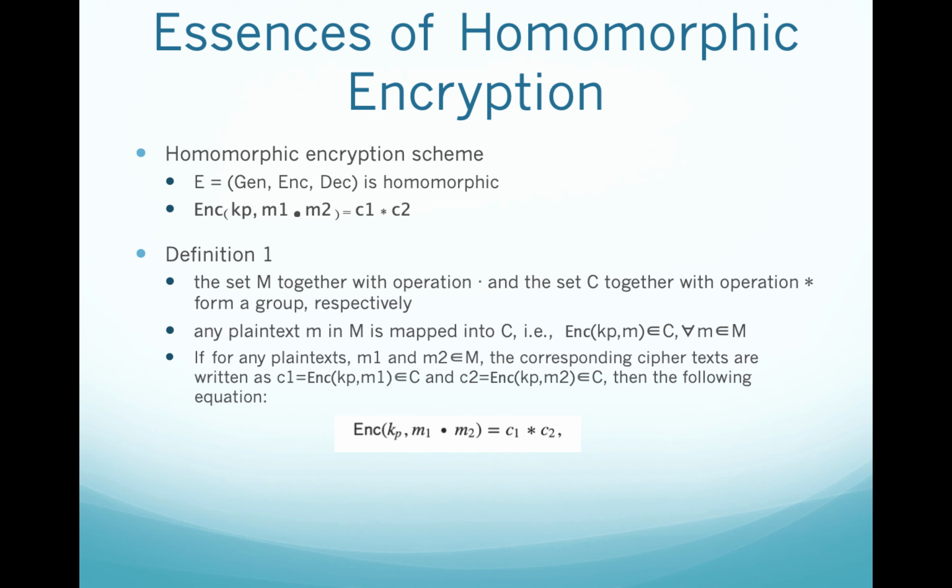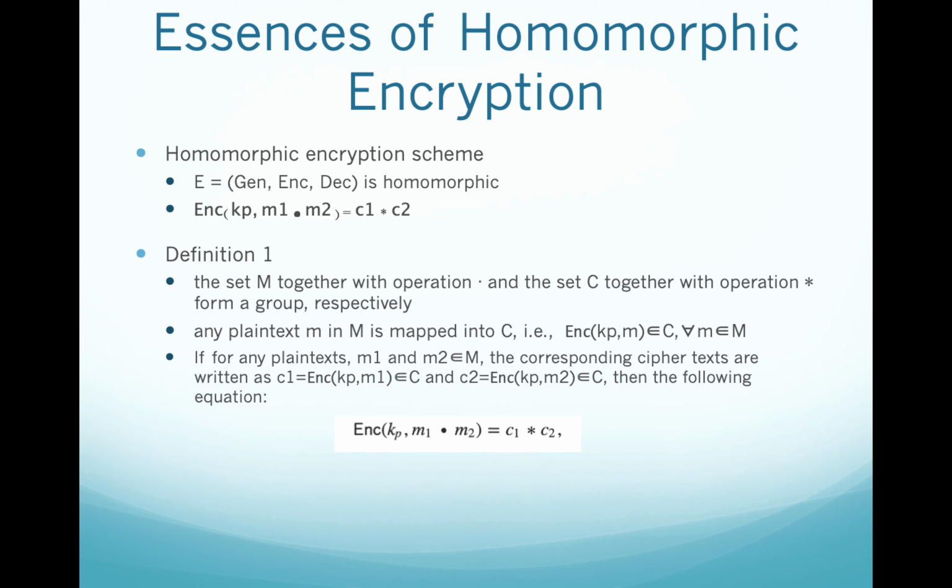The set mu together with the operation dot product and the set C together with the operation times is going to form a group respectively. And then any plaintext M in mu is mapped into C. And so that's our encryption KP, M within C for all M within mu.